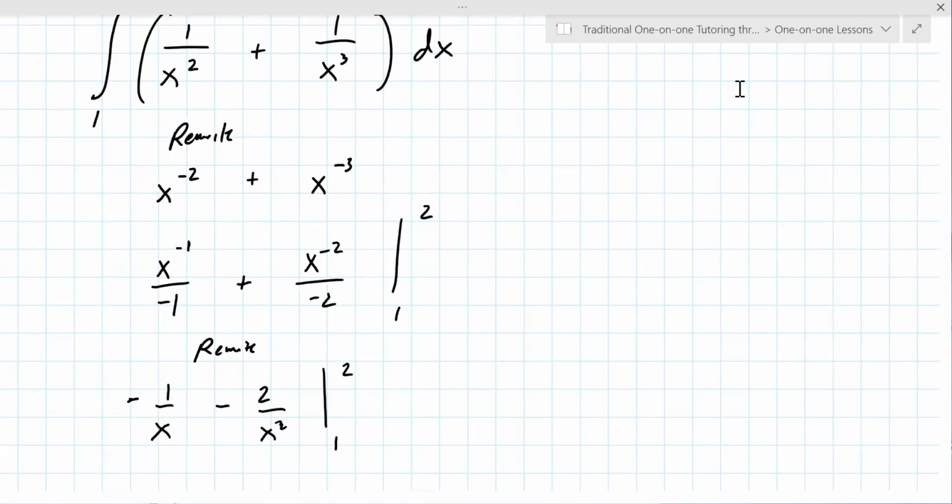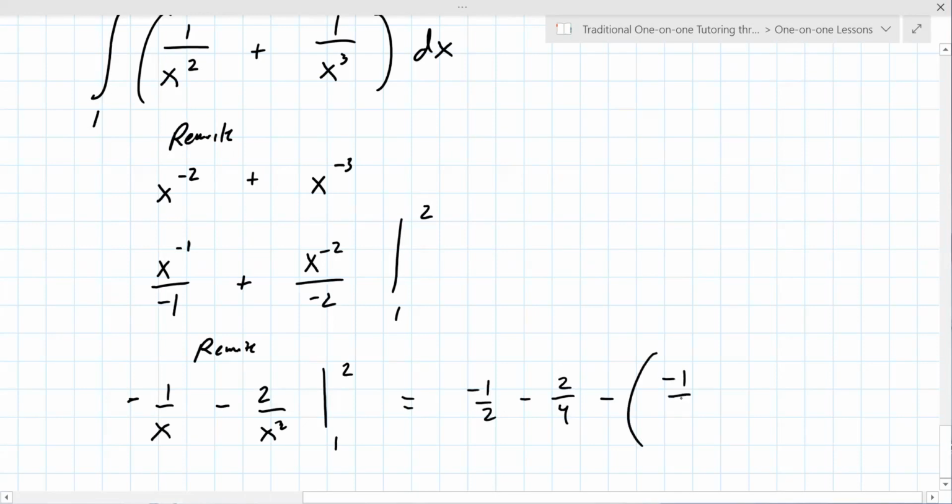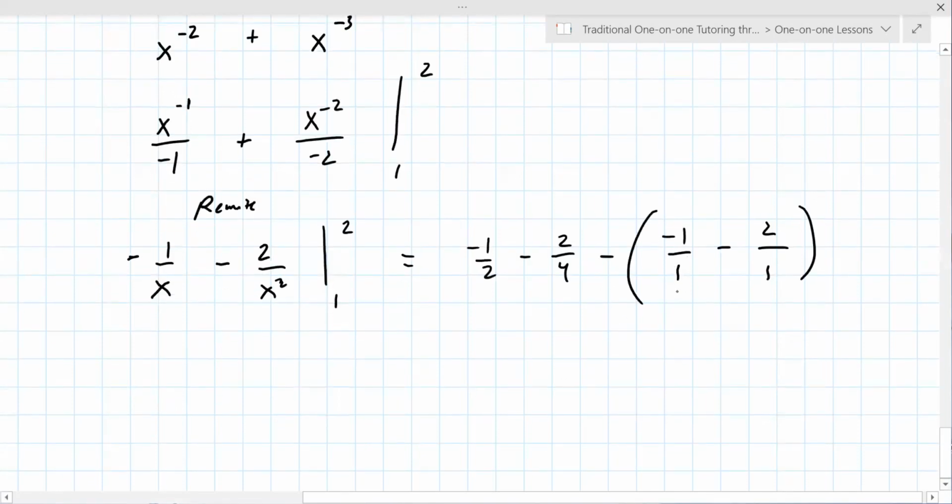-2 squared. So then it's -2 or -1 over 2. It's 2 over 1 squared. Yes, this one's a little bit harder to evaluate. It's -1/2 minus 2 over 4 minus 1 minus 2.